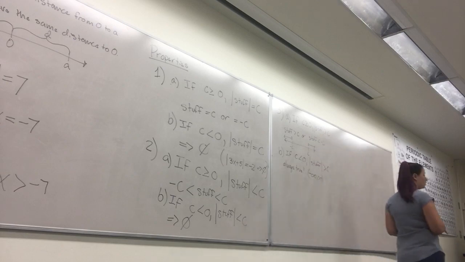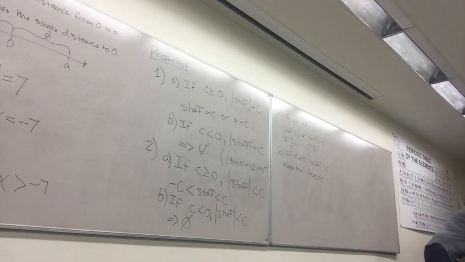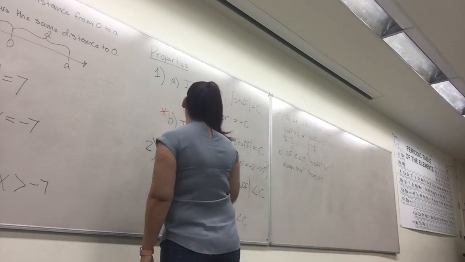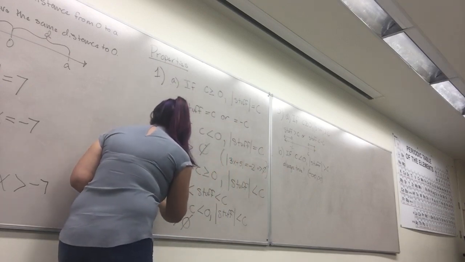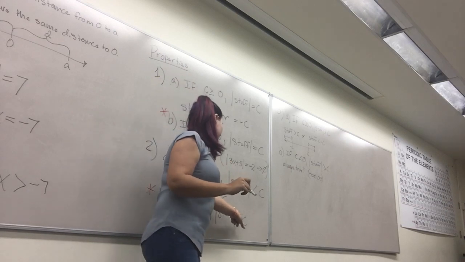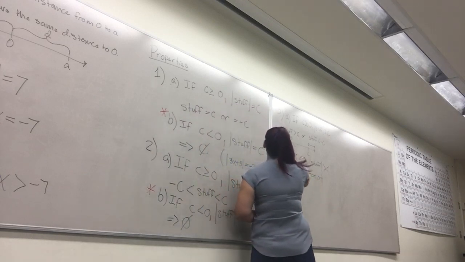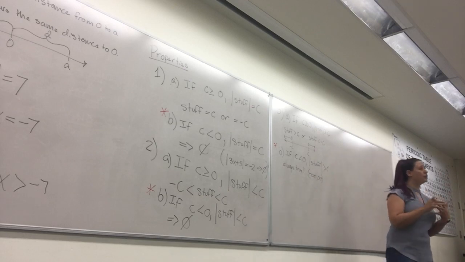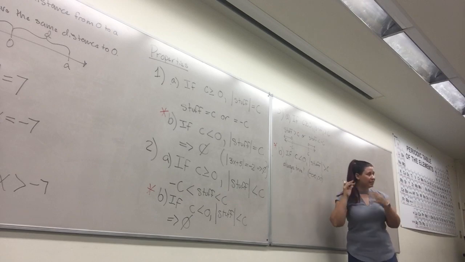So you have a few that you should recognize so that you don't necessarily have to do any work. The ones you should recognize, I'll even star them as super important: C can't equal a negative number, and it can't be less than a negative number, and then this one. So all the ones having to do with a negative number, if your absolute value ends up being something with a negative on the other side, it's special.